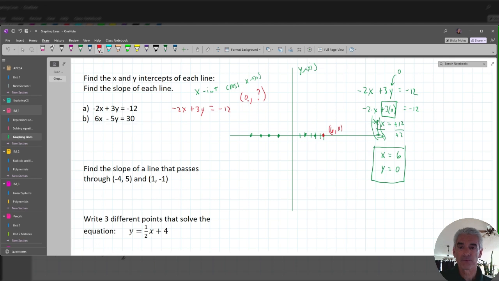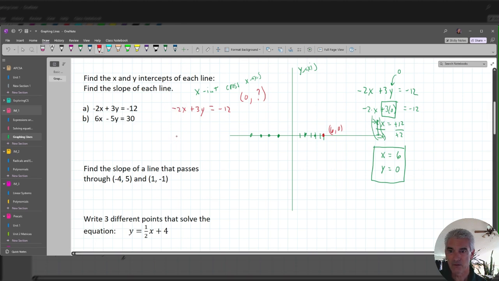So what value of y do I get when x is 0? Actually, when I'm doing this on paper, a lot of times I'll cover up the variable that I'm plugging in 0 for. I'm going to plug in 0, negative 2 times 0, 0. I can just ignore it.